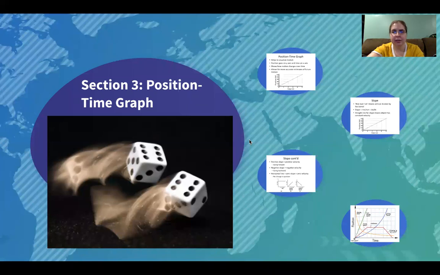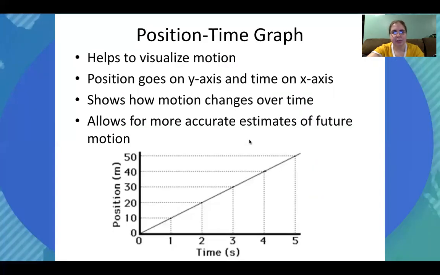Our section 3 is on position time graphs. A position time graph helps to visualize the motion. The reason it's called position time is that we have the position on the y-axis and time across the x-axis. The nice thing about it is that it shows motion and how it changes over time.